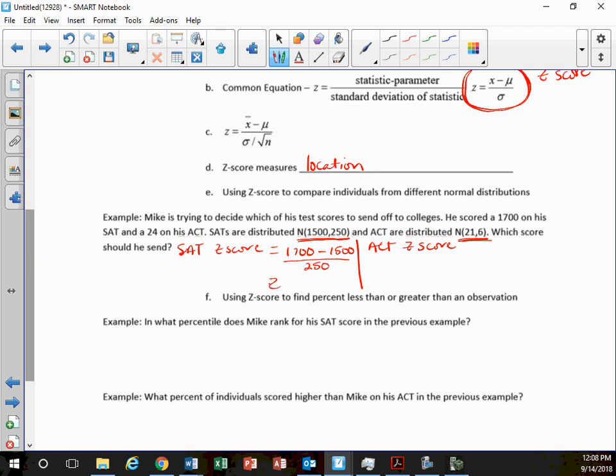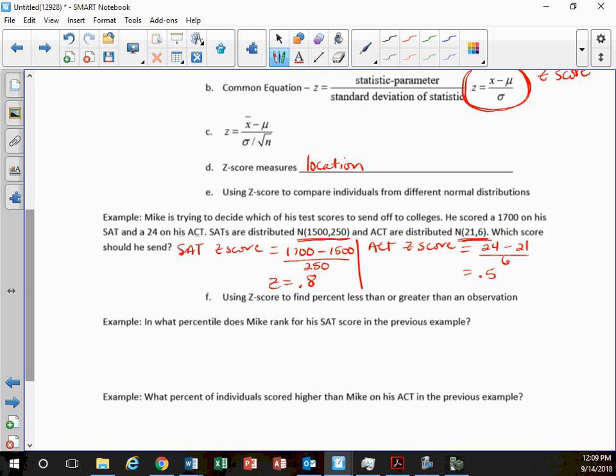So what do we get for our Z-score? 0.8, good. Then for the ACT Z-score, what was his ACT? 24 minus 21 over 6. So what do we get there? 0.5.